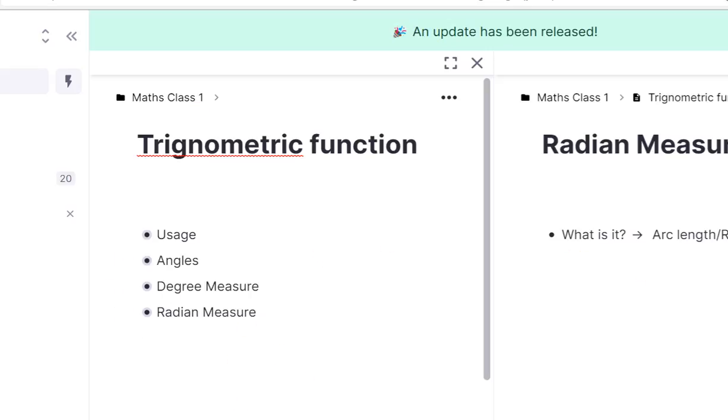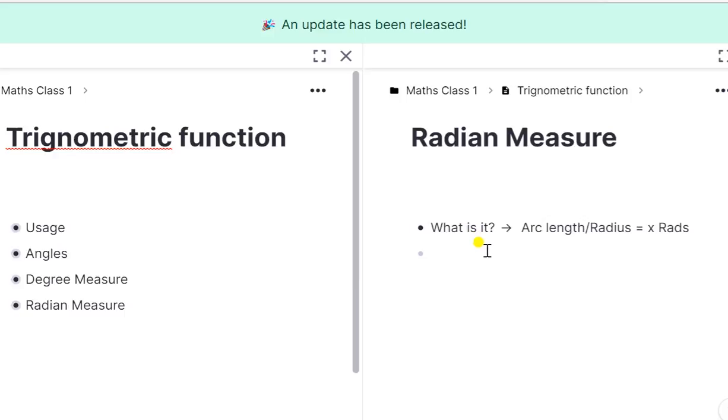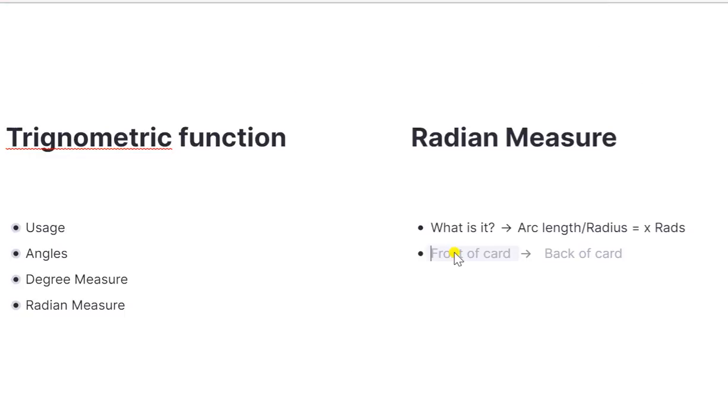So we'll make notes of this. That was a pretty easy concept. We won't have to make a lot of notes. What is arc length? We know that.